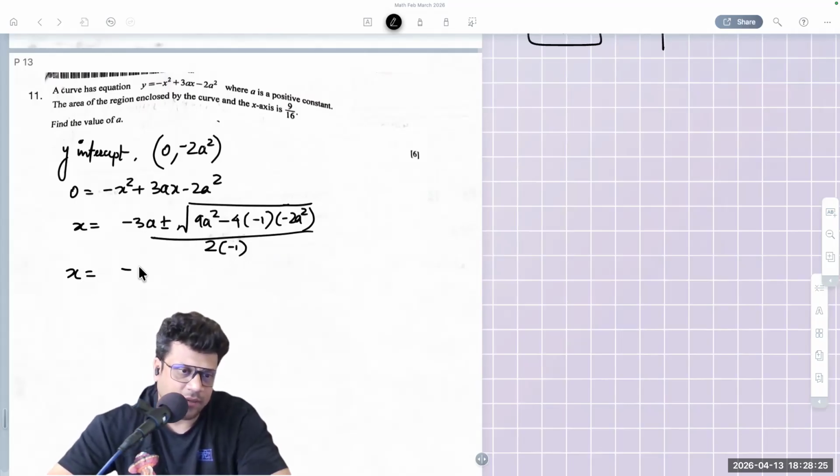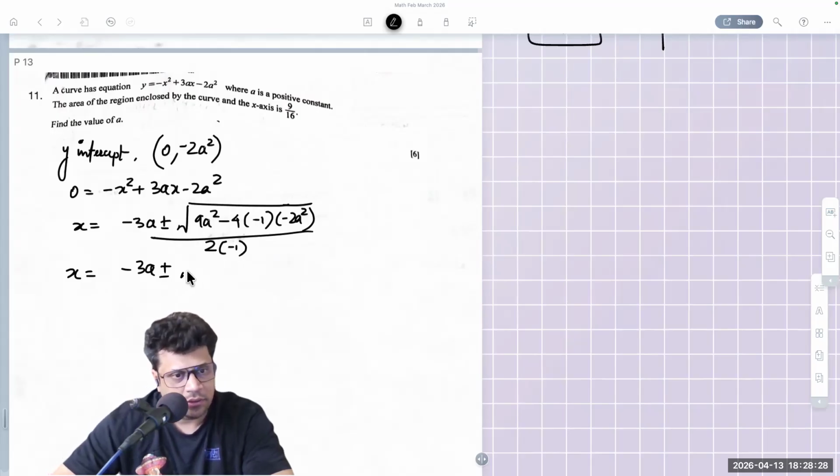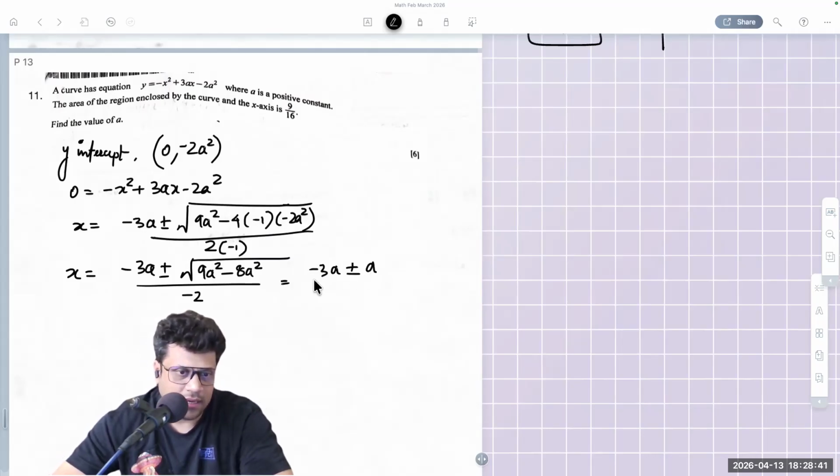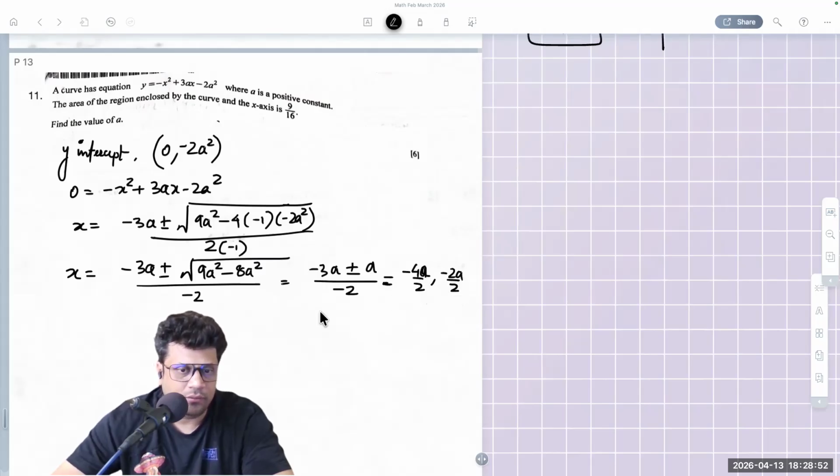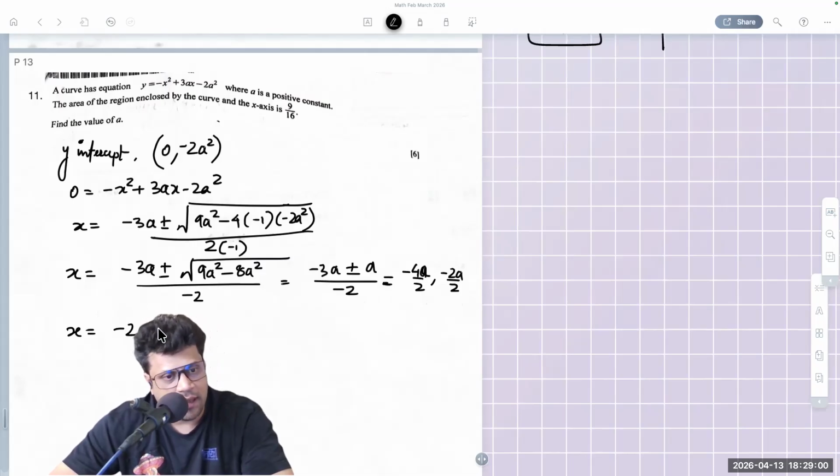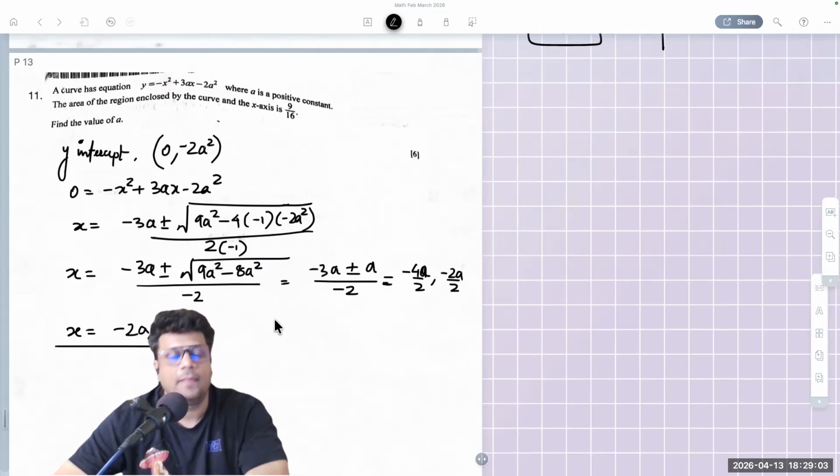So x comes out to be negative 3a plus minus root of 9a square minus 8a square, divided by negative 2. That's negative 3a plus minus a, divided by negative 2. That's minus 4a by 2 and negative 2a by 2. So x comes out to be negative 2a and negative a. Okay.